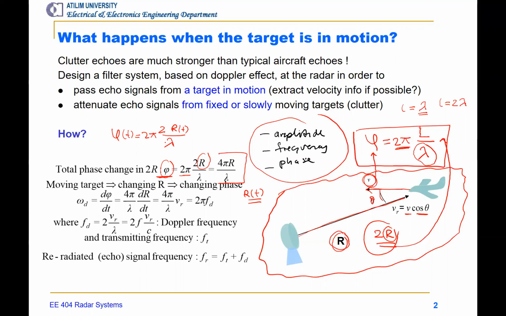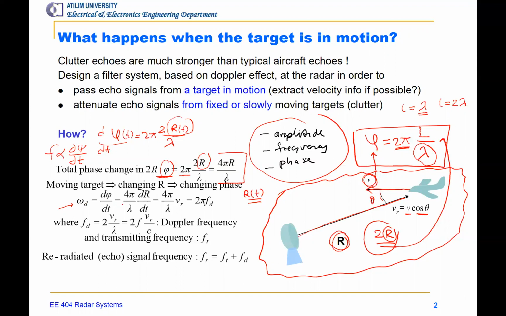Now, we know from signals again, the frequency is proportional to the time derivative of phase. So if we take the time derivative of both sides in here, the time varying r of t, its derivative with respect to t will give us the time derivative of the phase. Then we determine frequency.